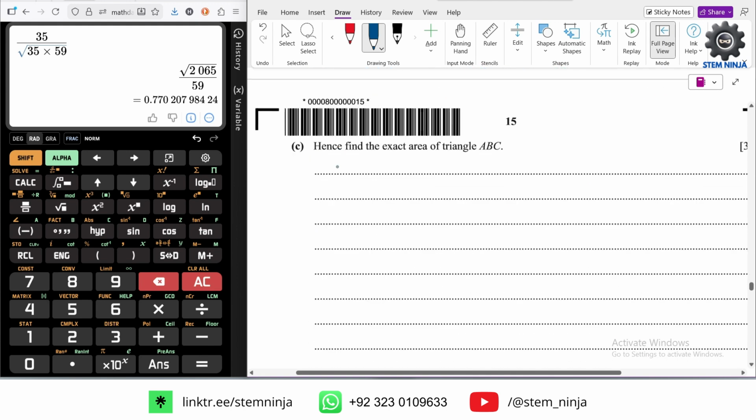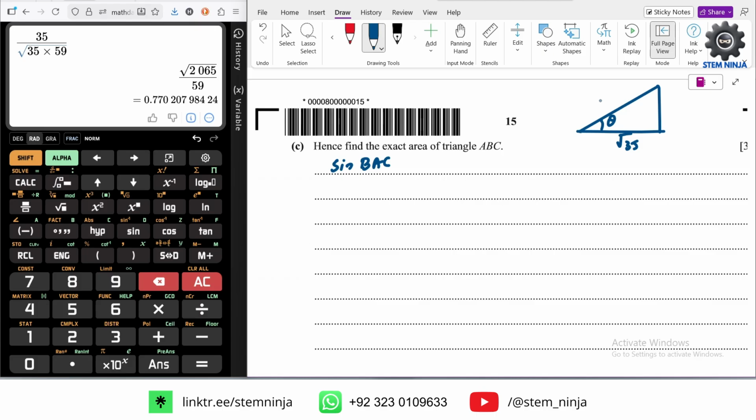So we need the value of sine BAC as a matter of fact, right? So let's say you have a triangle, this is your theta, and cosine of that theta is root 35 over root 59.